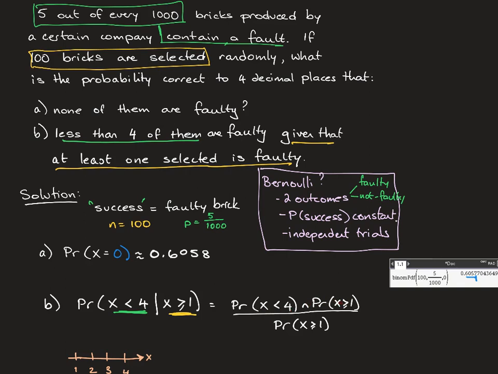And that's not in fact correct, because I'm going to show you right now why. So we want the probability that x is less than 4. On this little number line for x down here, I'm going to mark in a green dot for the values that are less than 4. So it's 3, 2, 1, and I should have 0 here. And we also need values of x that are greater than or equal to 1.